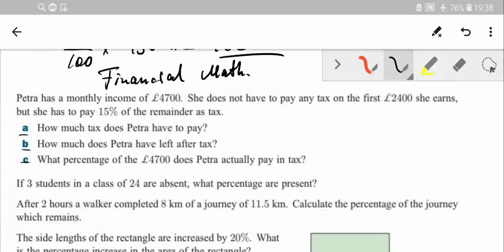Pay attention to what's written here: she doesn't have to pay any tax on the first 2,400 she earns, but she has to pay 15% of the remainder as tax.